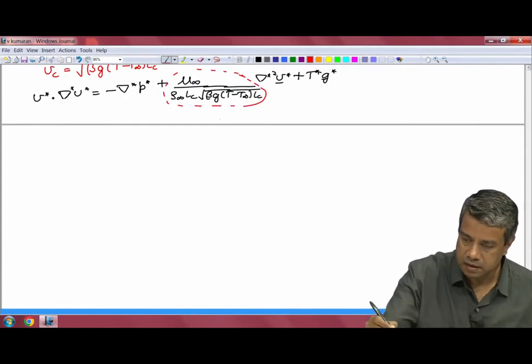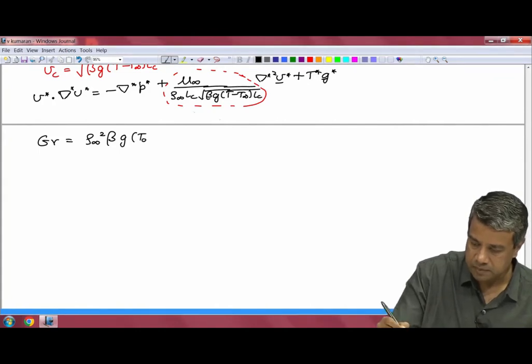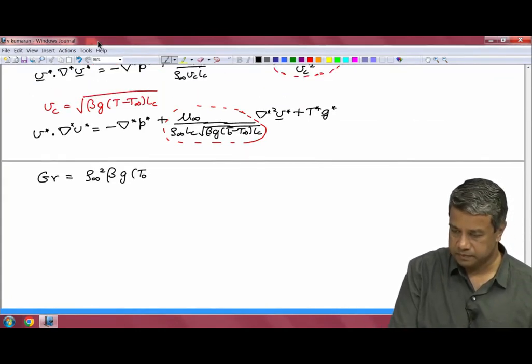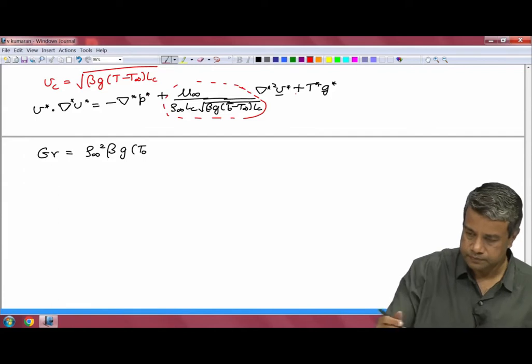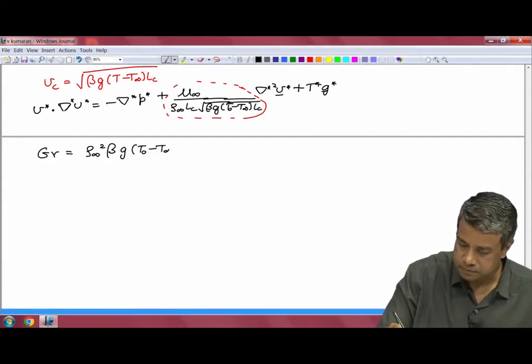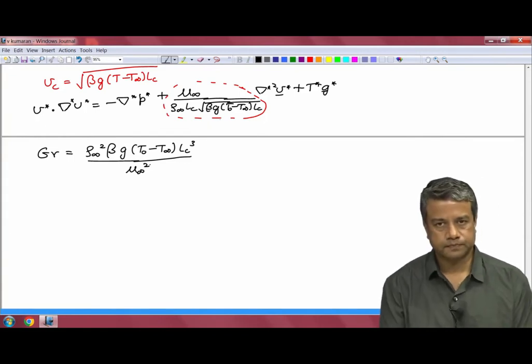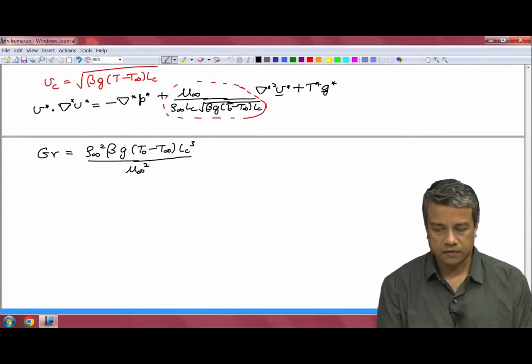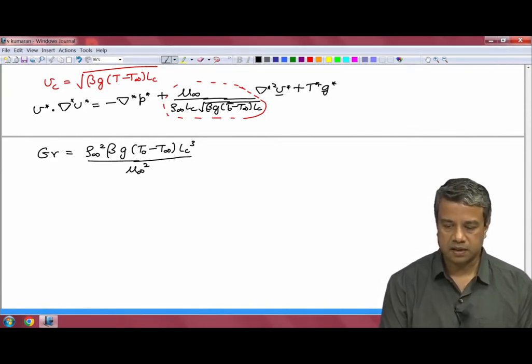Traditionally, the Grashof number is defined as the square of this Reynolds number. Rho infinity square beta g T naught. This should be T naught, my apologies, because this is T naught here. So, the Grashof number is the square of the Reynolds number based upon the characteristic velocity and the characteristic length scale.